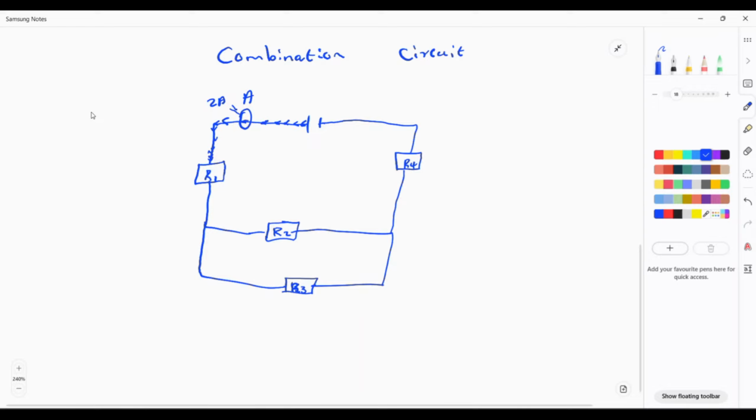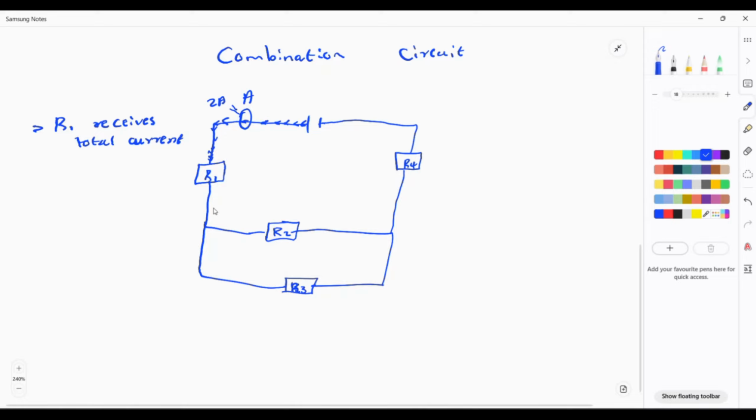Whatever I'm saying here is very important when you answer the questions. It contributes to the logic that you need when you answer these questions for electric circuits. Okay, R1 receives total current.